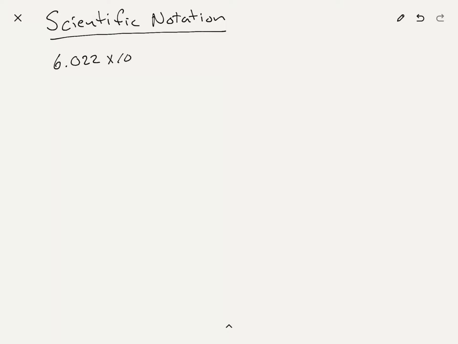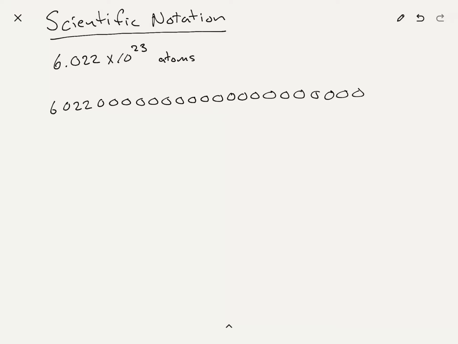So if we use Avogadro's number, 6.022 times 10 to the 23rd atoms, what this really means is that we have 6, and then we move the decimal 23 spots to the right.